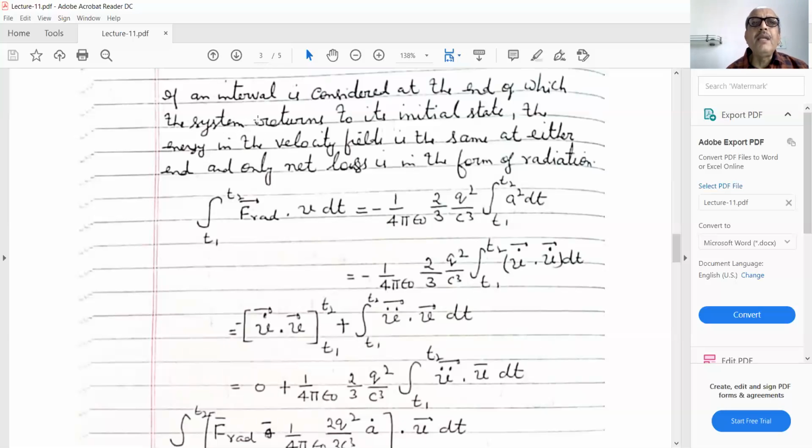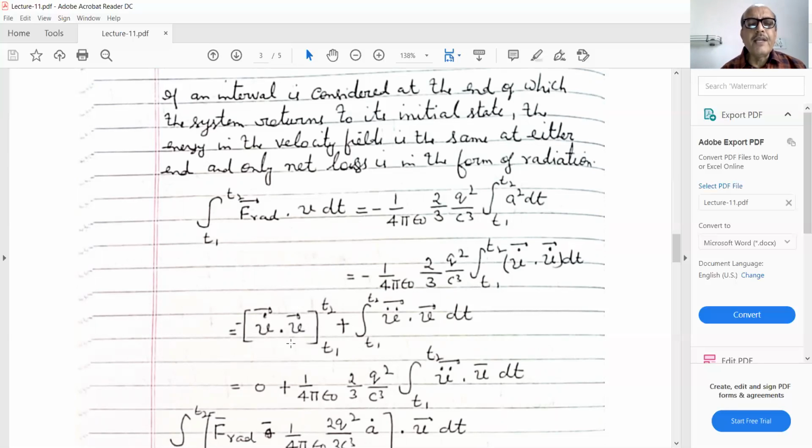If the time interval is chosen in such a way that the system returns to its initial state, the contribution of this term will be equal to 0. Or even if the particle is simple harmonically oscillating or moving along a circular path, the angle between the velocity and the acceleration will be 90 degrees, and the contribution from this term will be equal to 0. So we have to consider an interval in which there is no contribution, or the velocity field energy remains the same, and we can write down this equation.